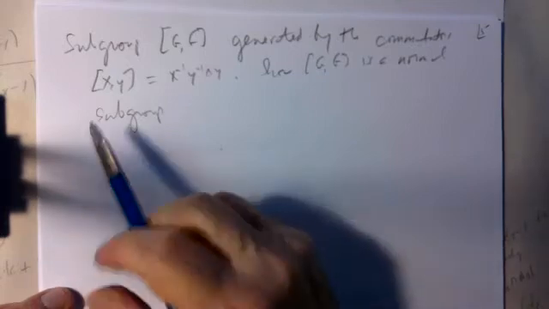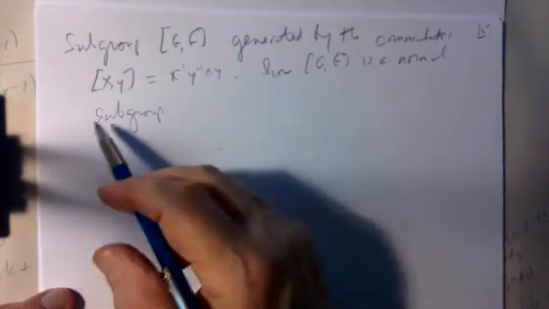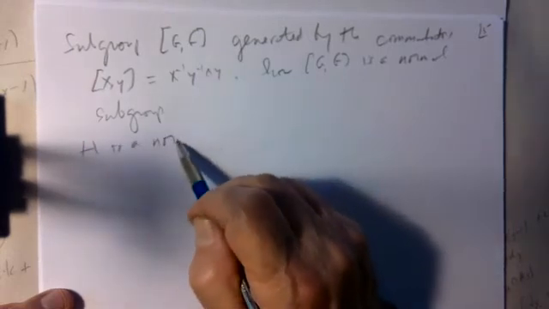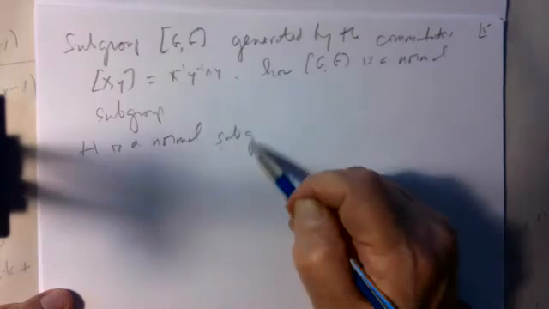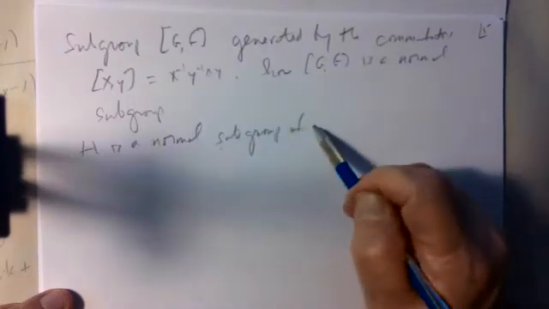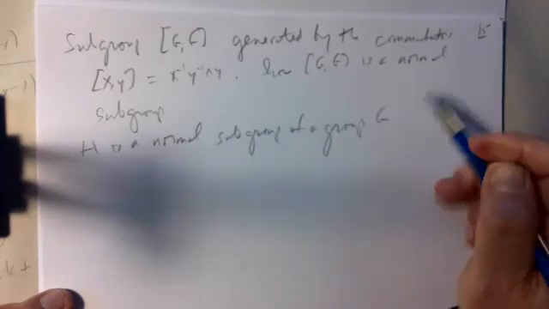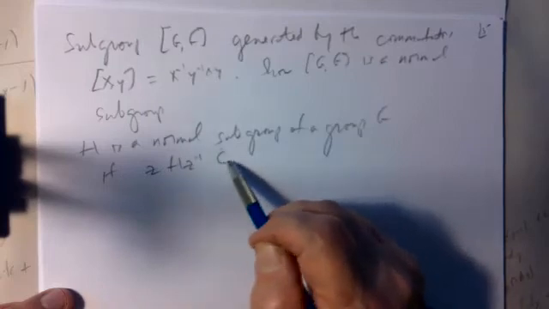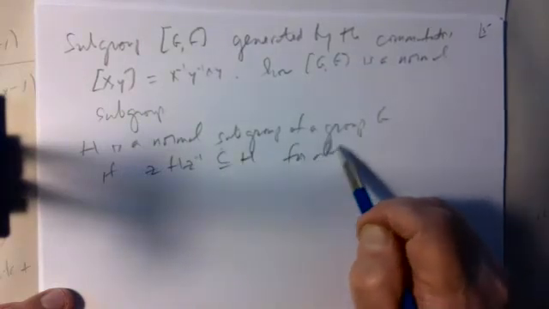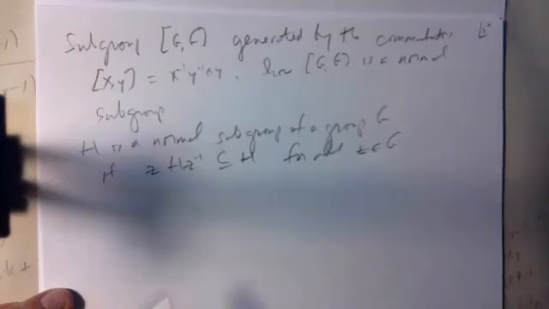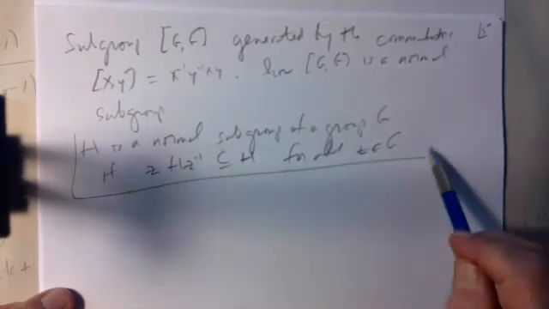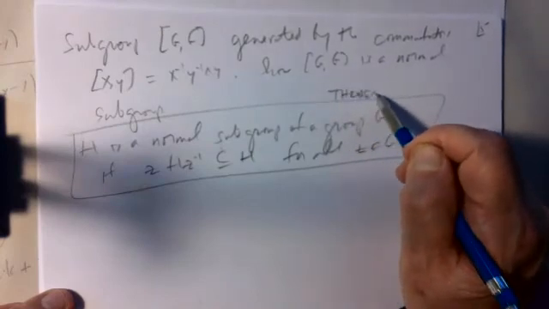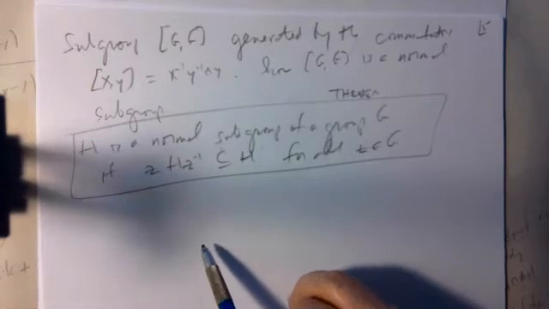So we proved that in general, H is a normal subgroup of a group G if zHz inverse is contained in H for all elements z of the group. So this was a theorem.